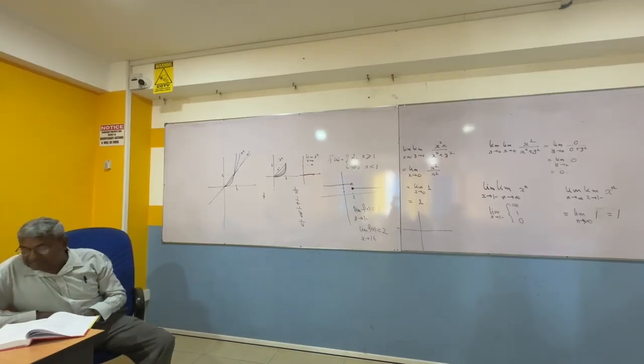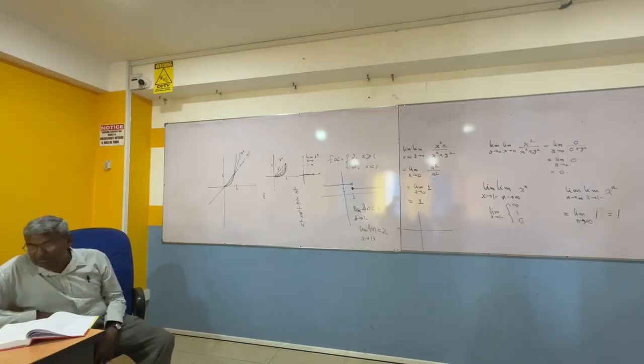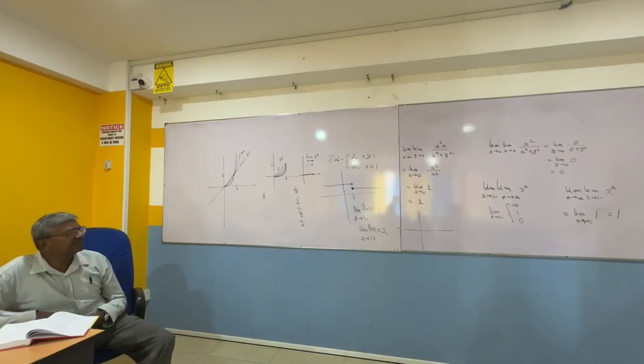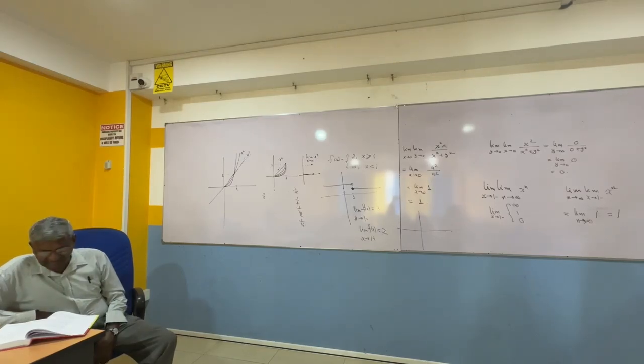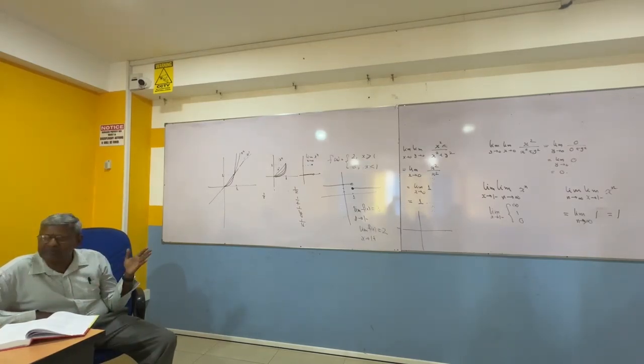Because the top answer is 0, you expect this to be also 0. However, x cubed over x squared is x, and the derivative of x is 1. Therefore, you cannot do it. That's what it says. Clear?